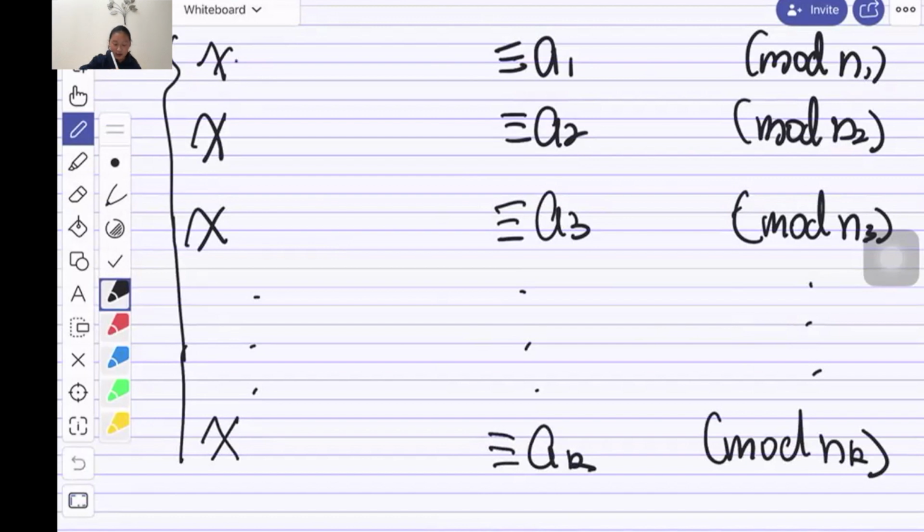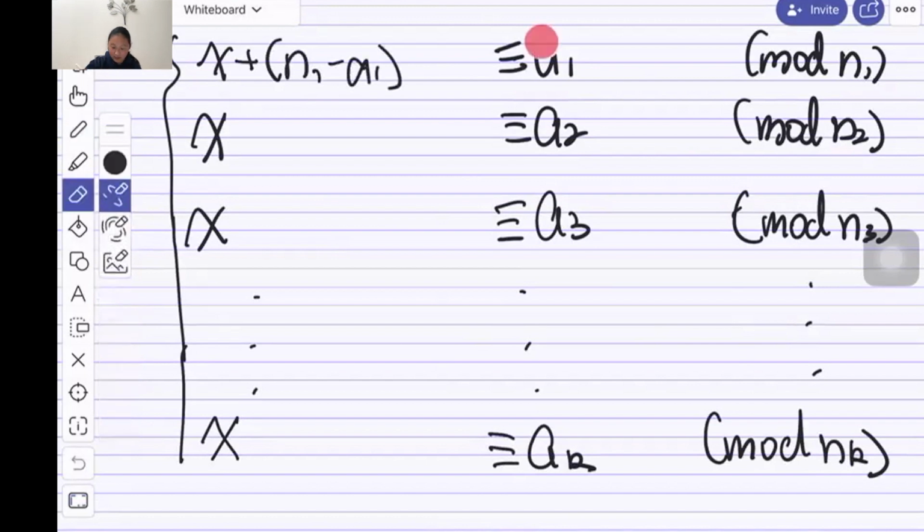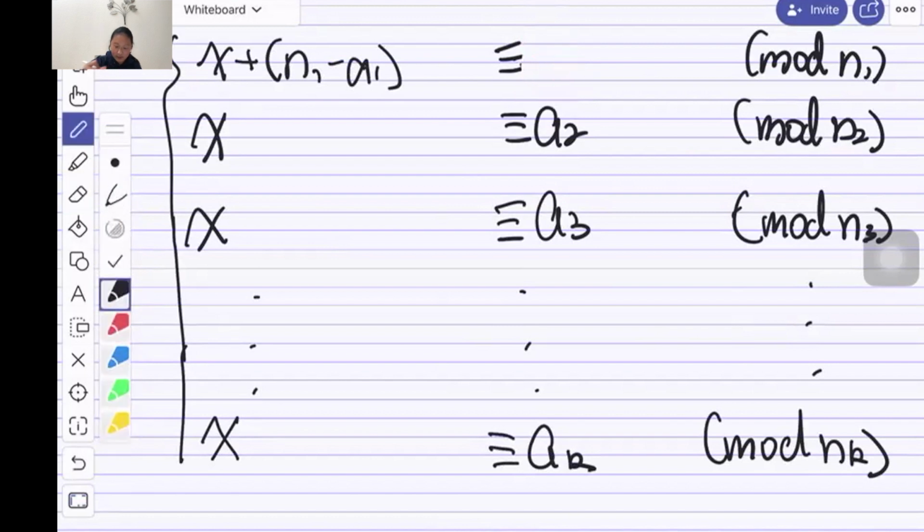So you would add n1 minus a1. Then you're going to clean this thing out, and it would be 0. And you're going to add this to all of them.